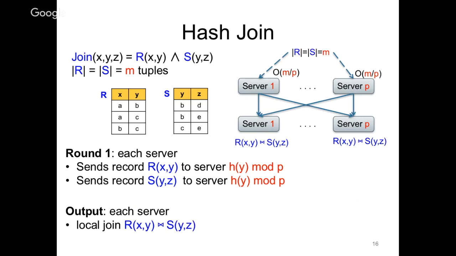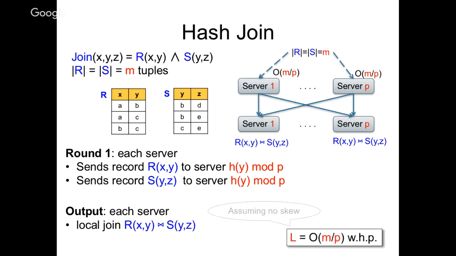What is the load of this algorithm? The way to analyze it is to assume that the hash function is drawn uniformly from a set of universal hash functions. And with high probability, over the random choices of this hash function, the load per server will be M/P.